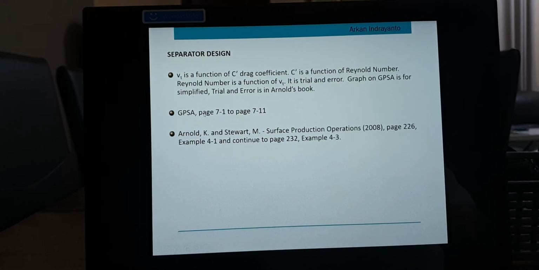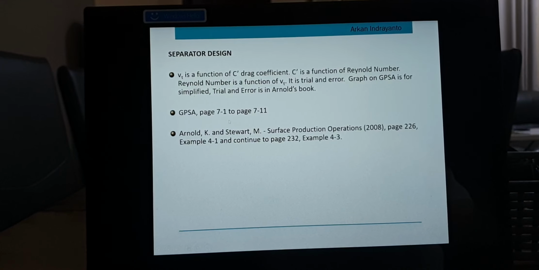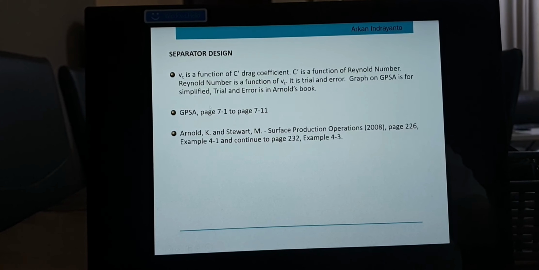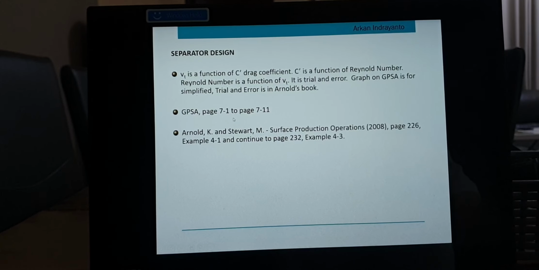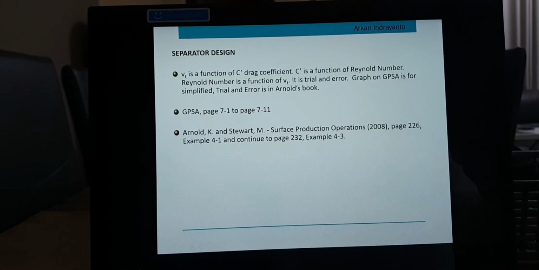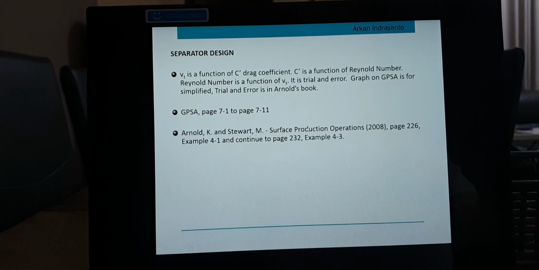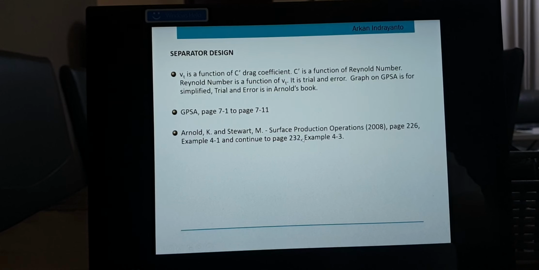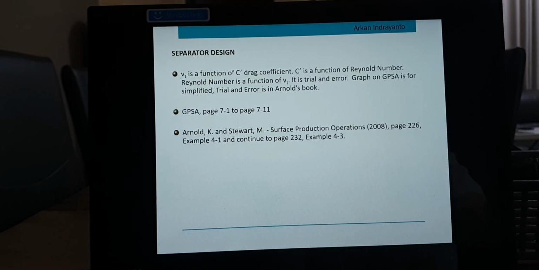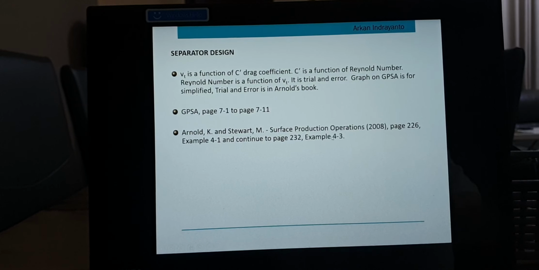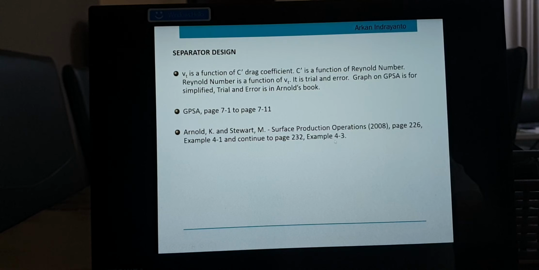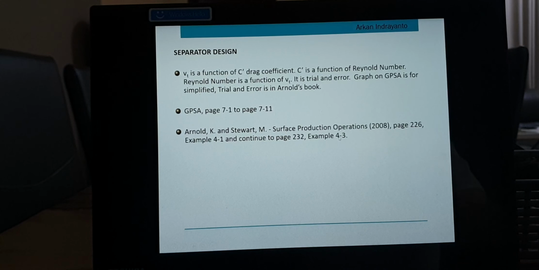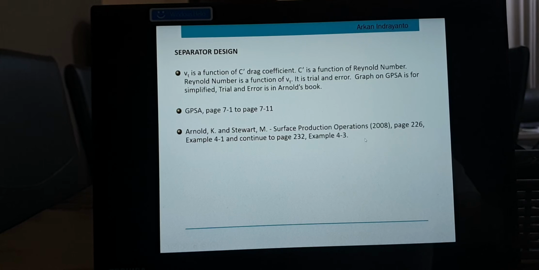I will make a homework on this based on page 7-11, and if you want more detail on the trial and error, you can see page 2-26, and you will find examples 1 and 3 in the Surface Production Operations book.